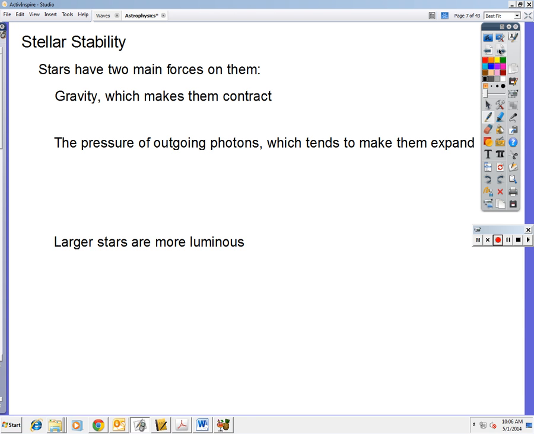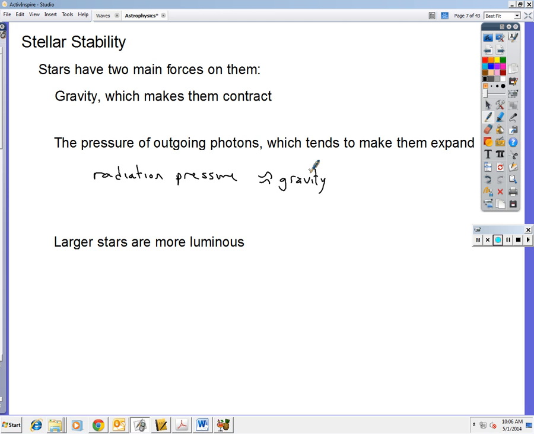And in a stable star, what happens is that radiation pressure and gravity are roughly equal. And since stars that aren't stable typically explode and don't last very long, what we see are stars where gravity and radiation pressure balance each other.